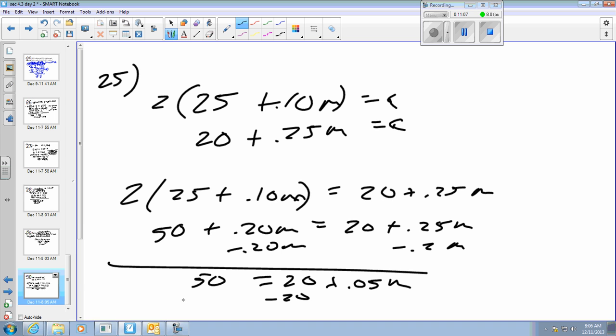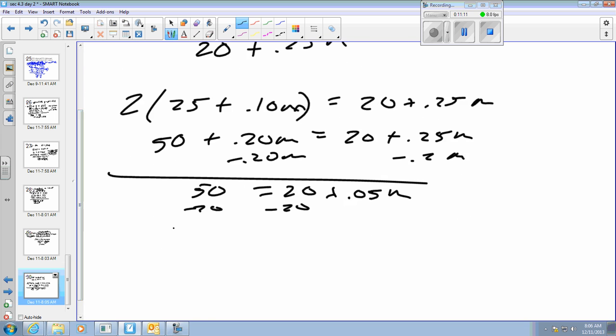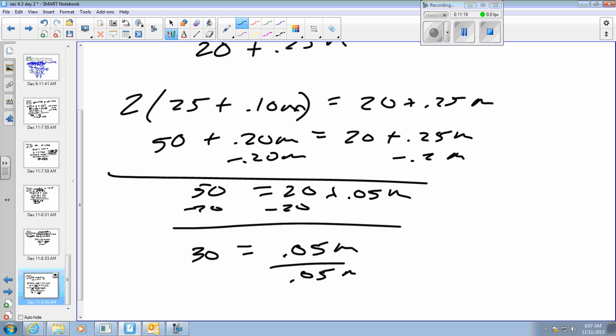Minus the 20, minus the 20, 30 equals 0.05m. Divide by 0.05, and I get 600 miles. There we go.